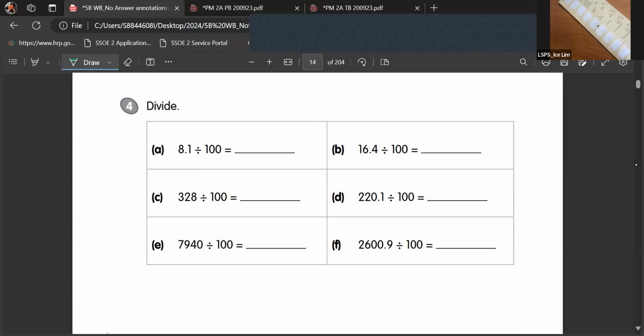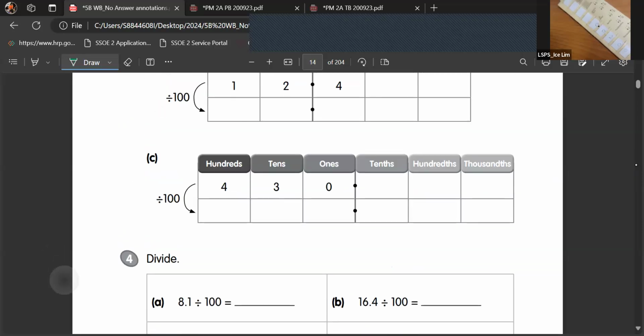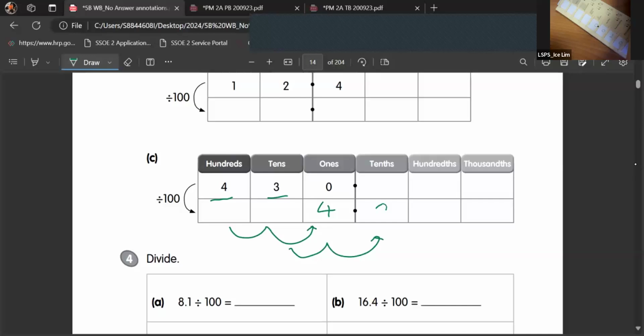Then this one as well. So 400 divided by 100 will be 4, so it's the same. For the idea of place, the tens place becomes the tenths place, and the ones place becomes the hundredths place.